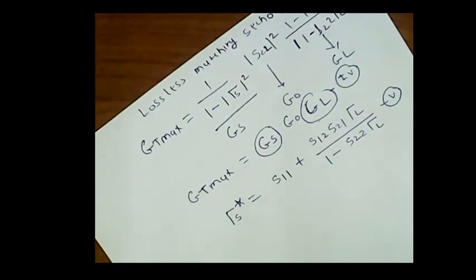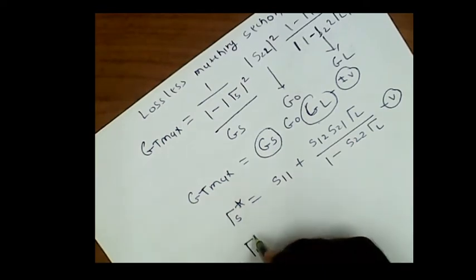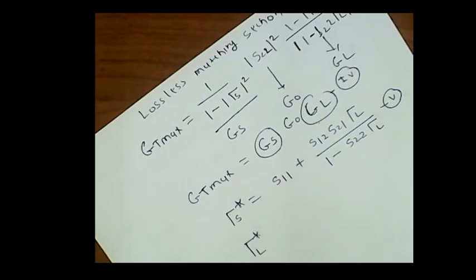So to find the maximum transducer gain, we need only two things. First one is gamma S and gamma L, which we can find as complex conjugates. There is one condition to remember: the power will be maximally transferred only when the network's input and output resistances are complex conjugate matched.